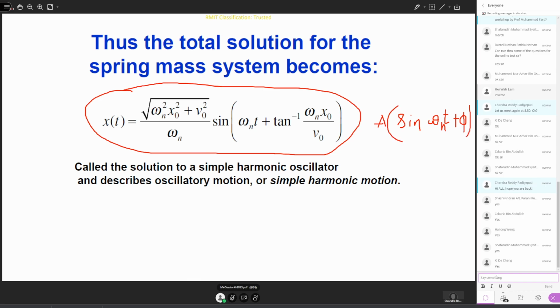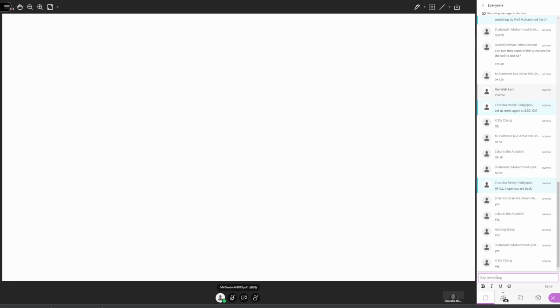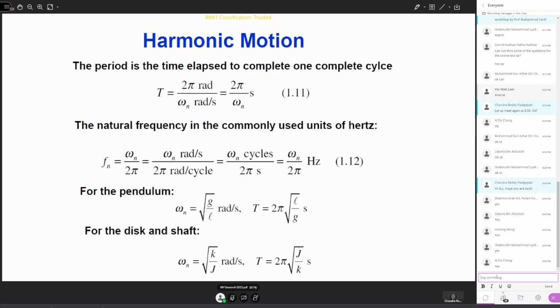A is nothing but the whole thing, the amplitude, and phi is written as tan inverse of the whole thing, which is nothing but the phase. All right, so you can write the response of the system x(t) like this.